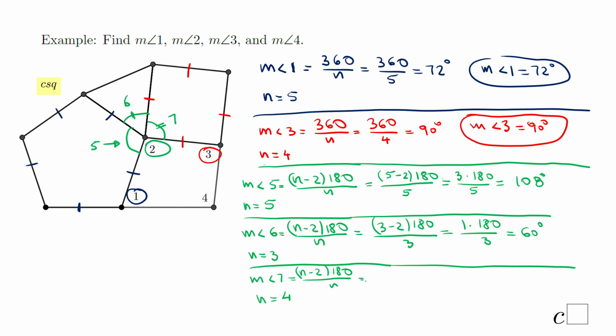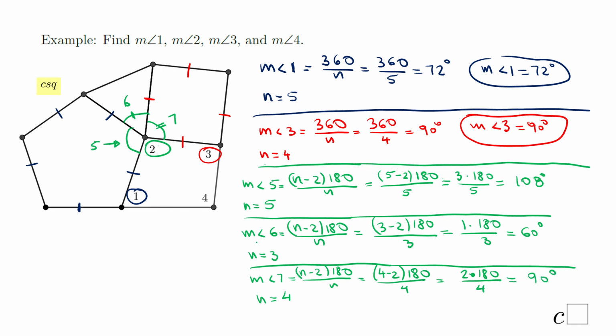So we're going to have 4 minus 2 times 180 divided by 4. We are going to have here 2 times 180 divided by 4, and that will be 90 degrees.